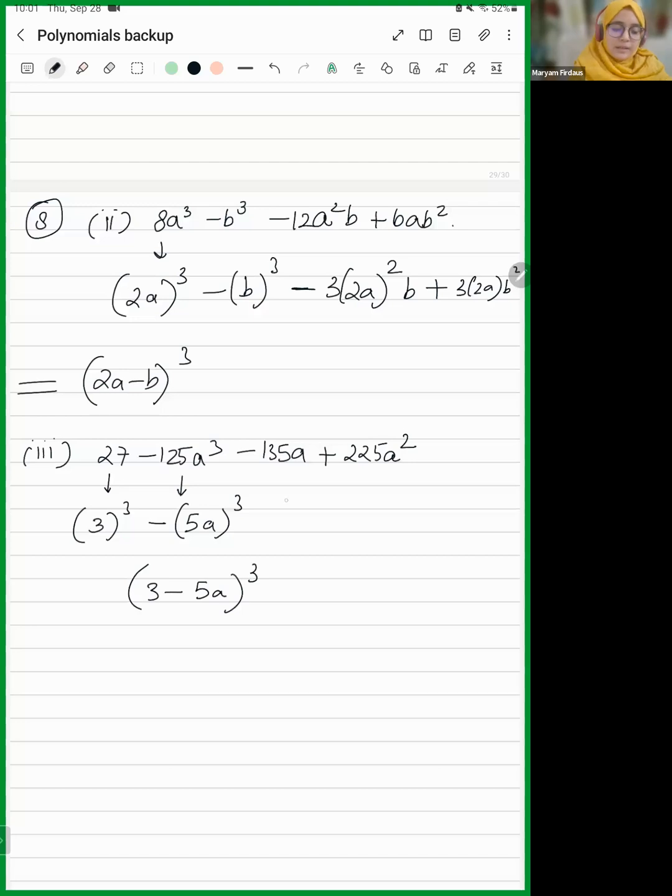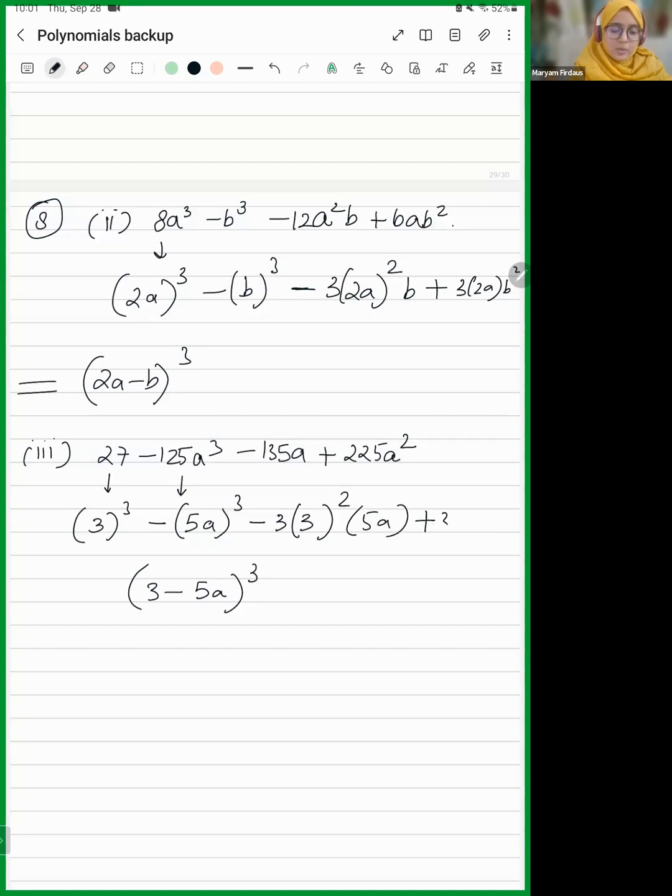Yes, but let's write the rest of them. Minus 3a b square. So first 3a square b, because here this is a square. Now this is over here 3 into 3 square into 5a.